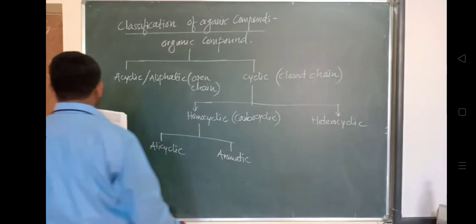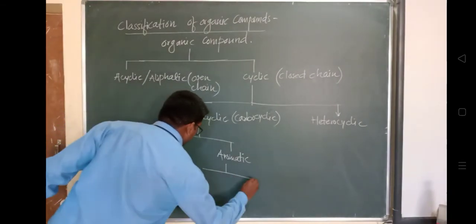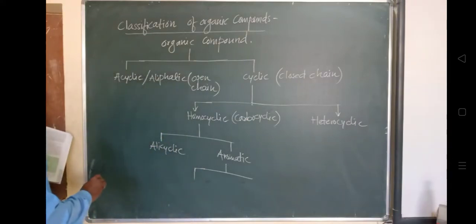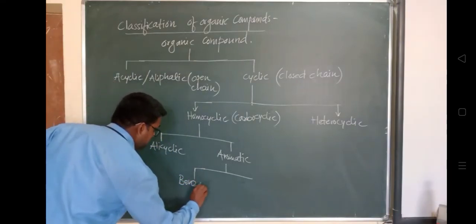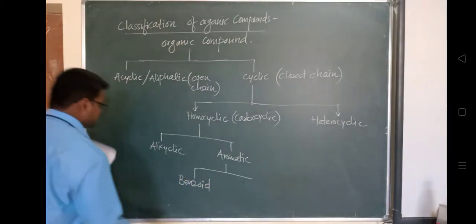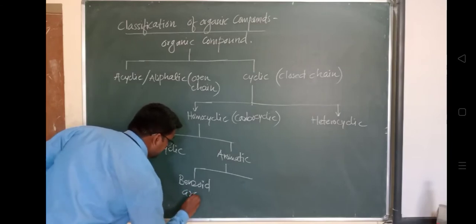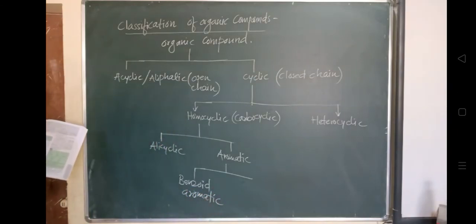Now aromatic is further classified. So this is a classification: benzoid aromatic, which will have a benzene ring, and another one is non-benzoid aromatic.